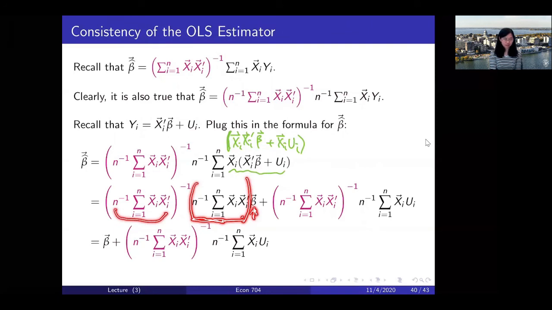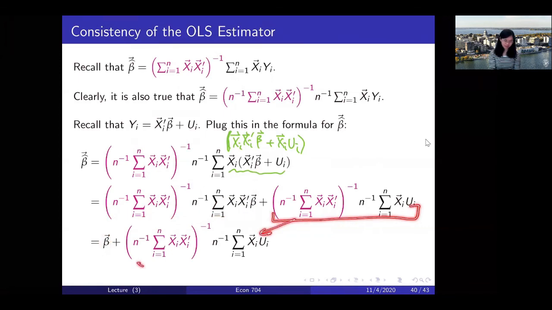So that's the matrix inverse times the matrix itself. By the definition of inverse, these two cancel out, and you get an identity matrix. An identity matrix times beta equals beta. So this term becomes beta. Now I'm not doing anything about this other term. I just copy it and write it here. So beta hat becomes beta plus this estimation error.